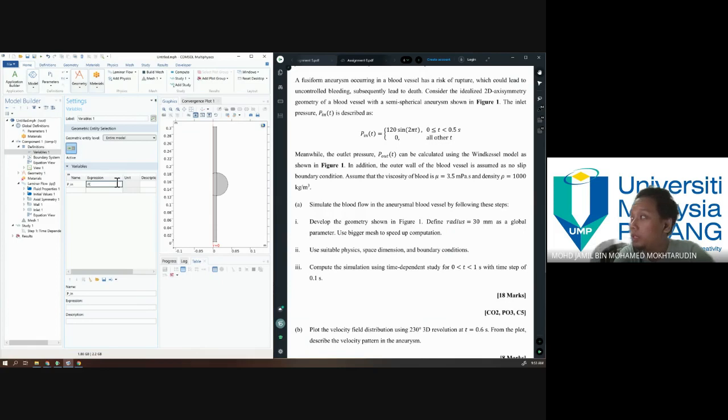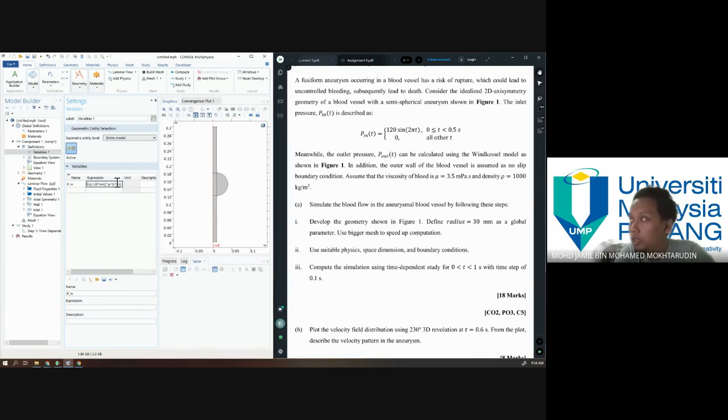So if the time is less than 0.5 second, then P inlet equals 120 times sine of 2 times pi times t. So you need to divide by 1 second. Divide by 1 second.